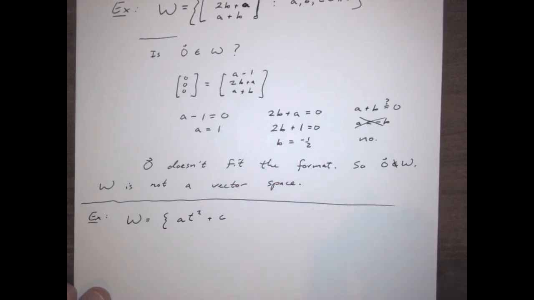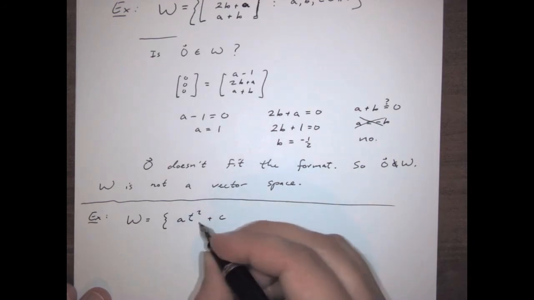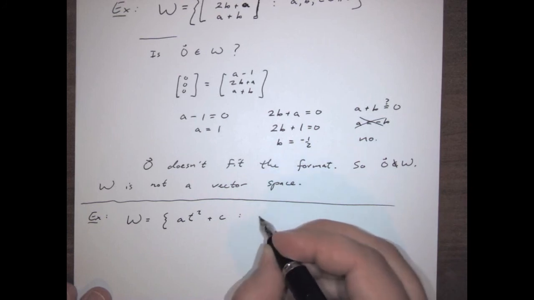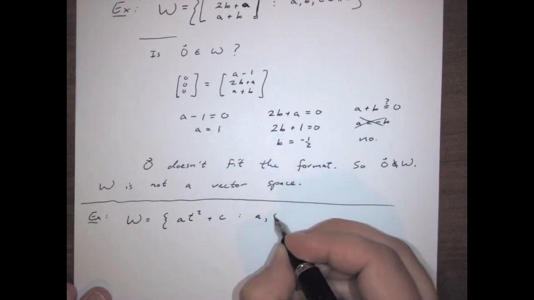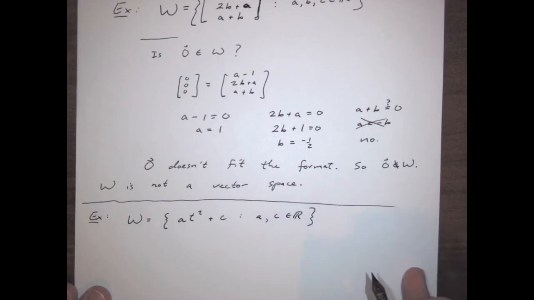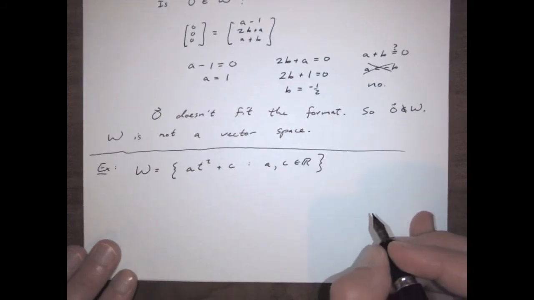And now we're missing, there's no term of just t. Is that okay? So A and C are in R, and we have to try to figure out what we can figure out.